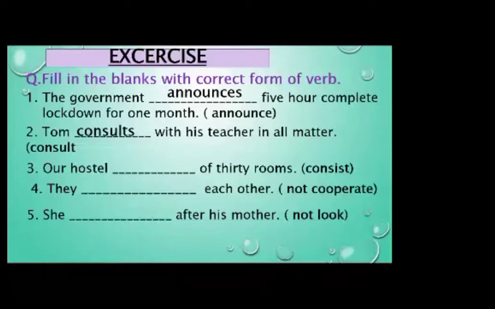Yes, you are right. The answer is consists. Our hostel consists of 30 rooms. Okay, make sure of the spellings. Number 4. They dash each other, not cooperate. Now let's see who answers me.